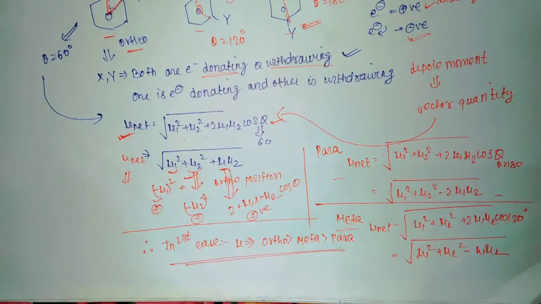I think this would be quite clear to you. So now let's move to the case when one of the groups is electron withdrawing and the other group is electron donating.